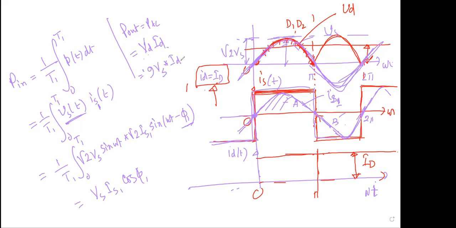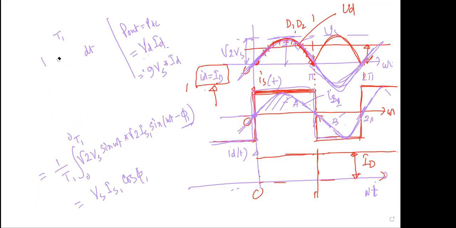Now, if you think about lossless transmission, that means lossless conversion, I should say, then your P in must be equal to your P out. That will be VS IS1 cosine of phi 1, and this will be VD equal to 0.9 VS ID, right?